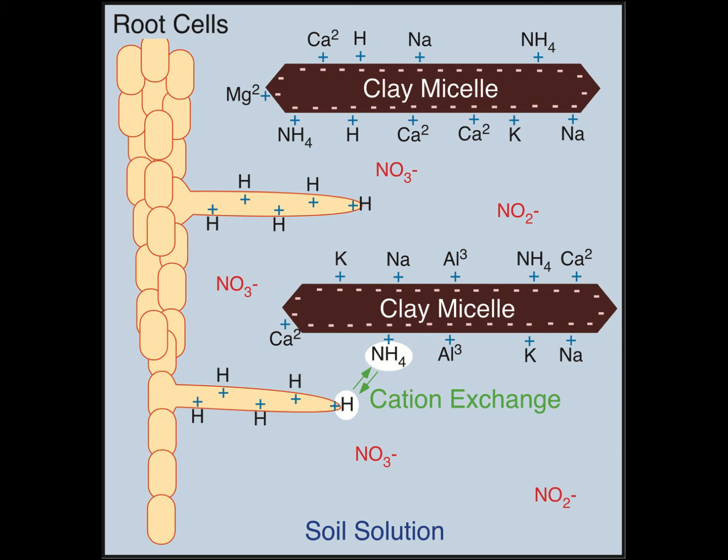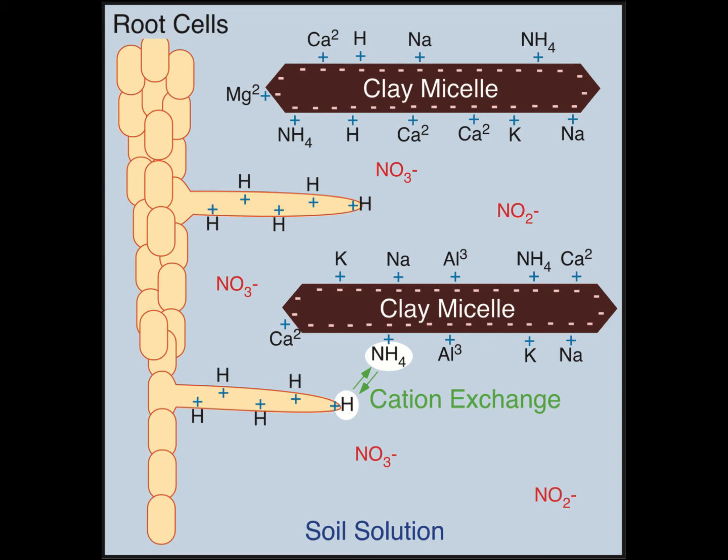NO3, which is nitrate, and NO2, nitrite, can't be held by these clay micelles and float around in the soil water and are easily lost due to leaching. But plants do have their roots down in the soil, and they're always looking for it, and they will absorb it if it's available, if they have enough time.